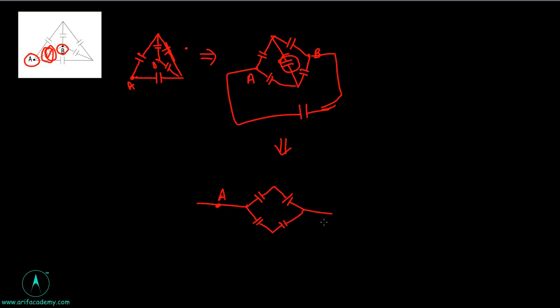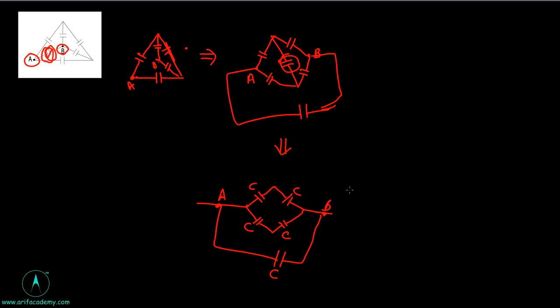This is point A, this is point B, and there is a capacitor. All being equal capacitance C, these two capacitors will be in series, and these two will be in series, and all three branches will be in parallel.